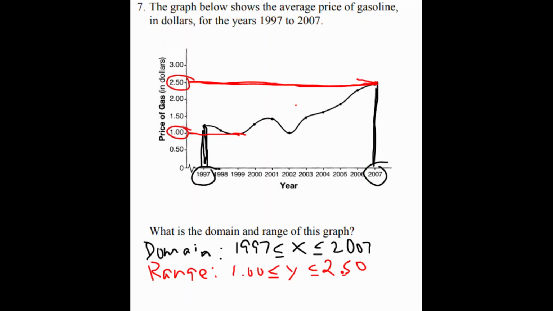And so for the range, the lowest value was $1 and the highest value is $2.50. And we range over all the prices in between as possible y values. Okay, so this is how we do number seven. Figuring out domain from a graph is going to be leftmost x value to rightmost x value. The range will be from lowest y value to highest y value.